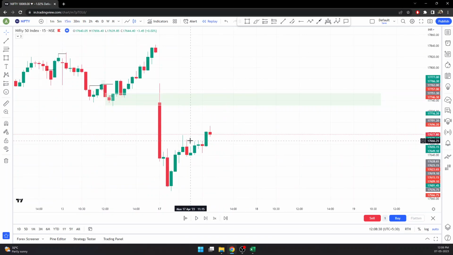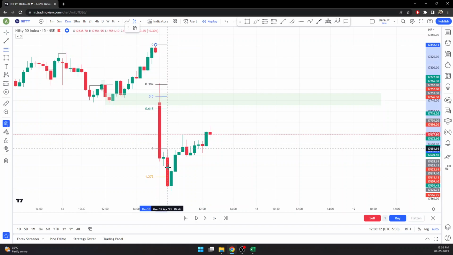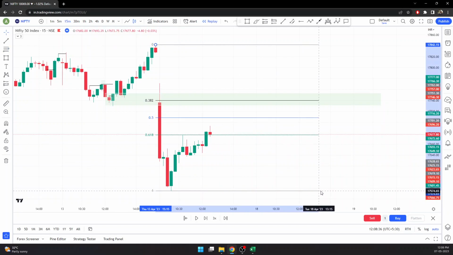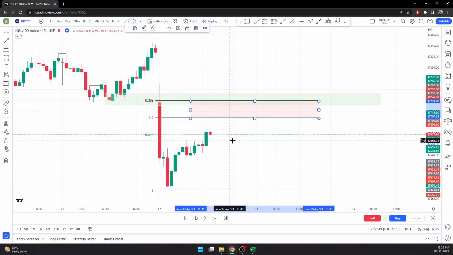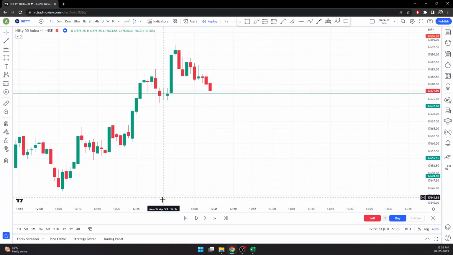It is coming back. So for us, this is the trend change, and for us this could be the level where we should be making our selling entries, right? So this is the level where I'll look for the sell entries. So let me go back to 1 minute time frame.